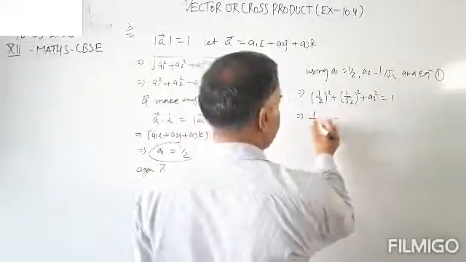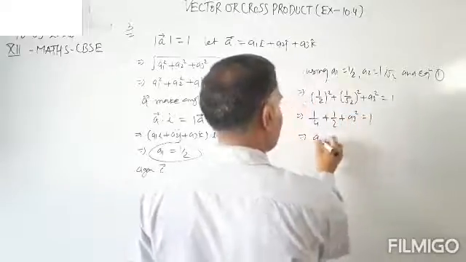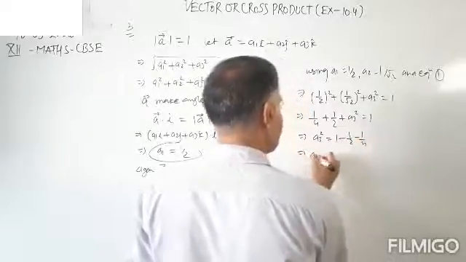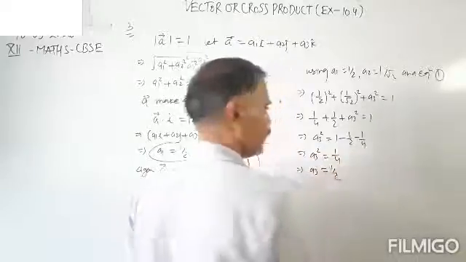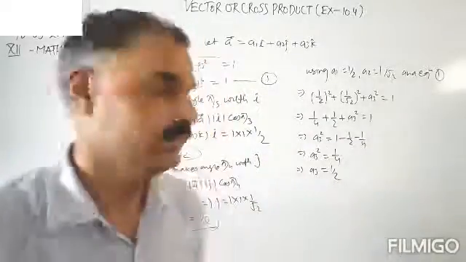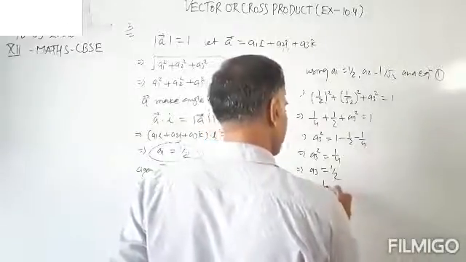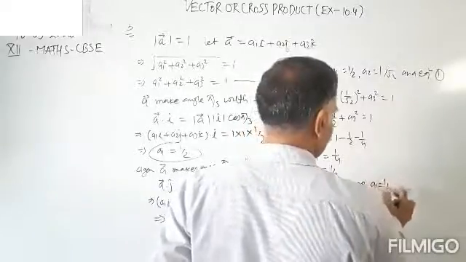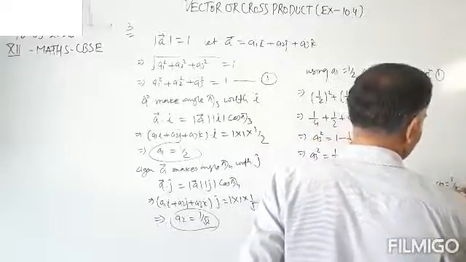So this is 1 by 4 plus 1 by 2 plus a3 square equals 1, meaning a3 square equals 1 minus 1 by 2 minus 1 by 4, which implies a3 square equals 1 by 4, so a3 equals 1 by 2. So the components of vector a are a1 equals 1 by 2, a2 equals 1 by under root 2, and a3 equals 1 by 2.